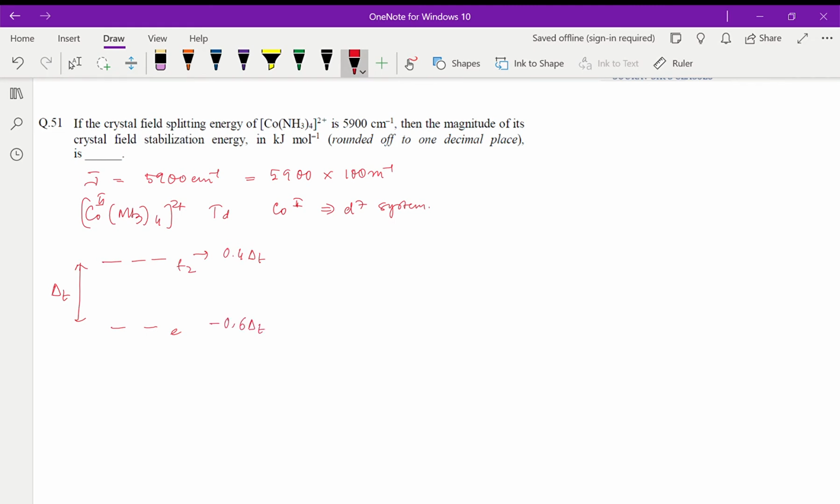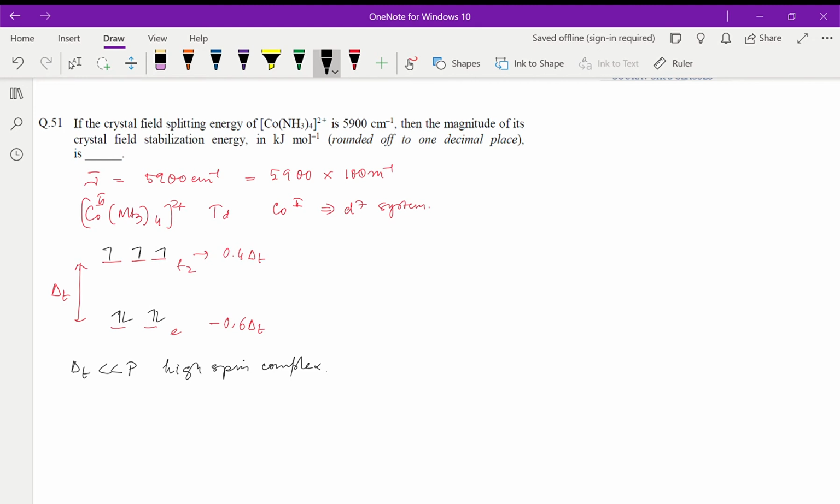If we fill up the electrons for the cobalt system, as we know delta T is very small compared to the pairing energy, so this is going to be a high spin complex, there is no doubt about that. This is the electronic configuration we get.